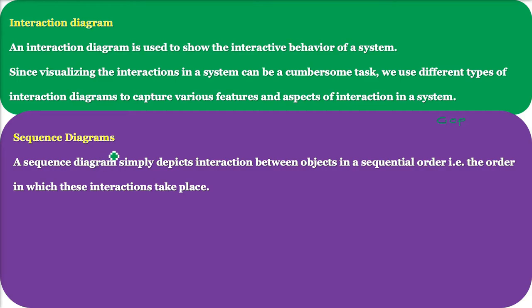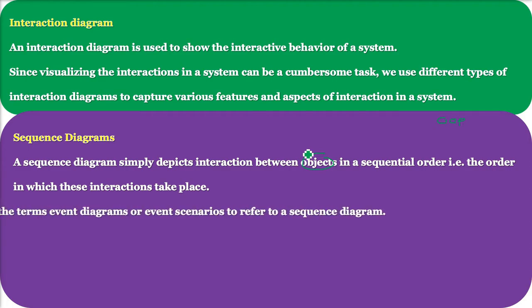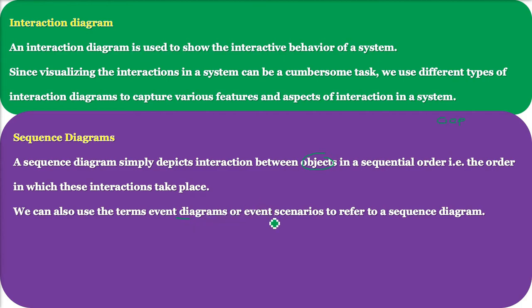As I just suggested, objects are instances of the class. So objects in a sequential order, that is the order in which these interactions will take place. If somebody says event diagrams or event scenarios, same thing. They are talking about sequence diagram.